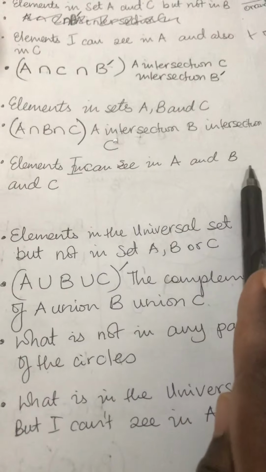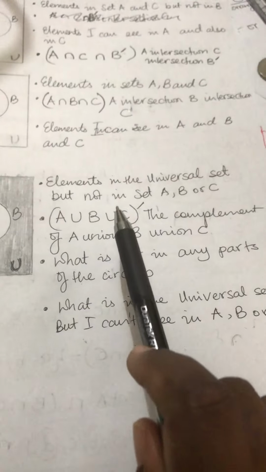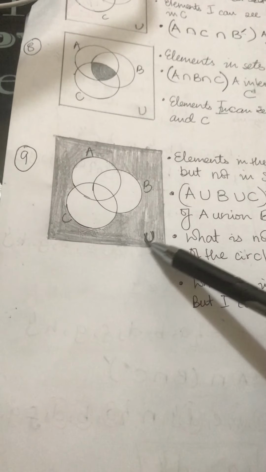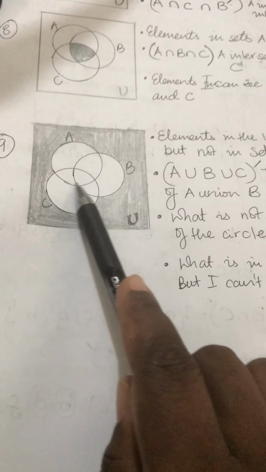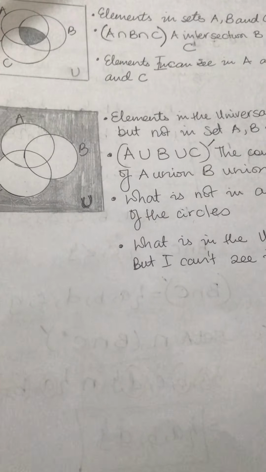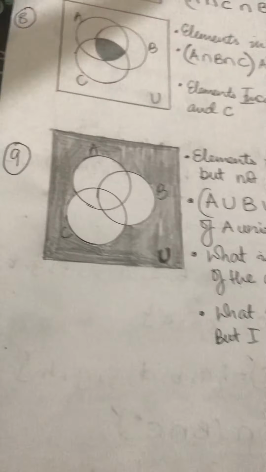Elements I can see in A, B, and C. That's what that means. Elements in the universal set, but are not in set A, B, or C. That's the outside. So since I did not color this, I will put the complement. Okay? What is not in any parts of the circle. That is my simple way of explaining.